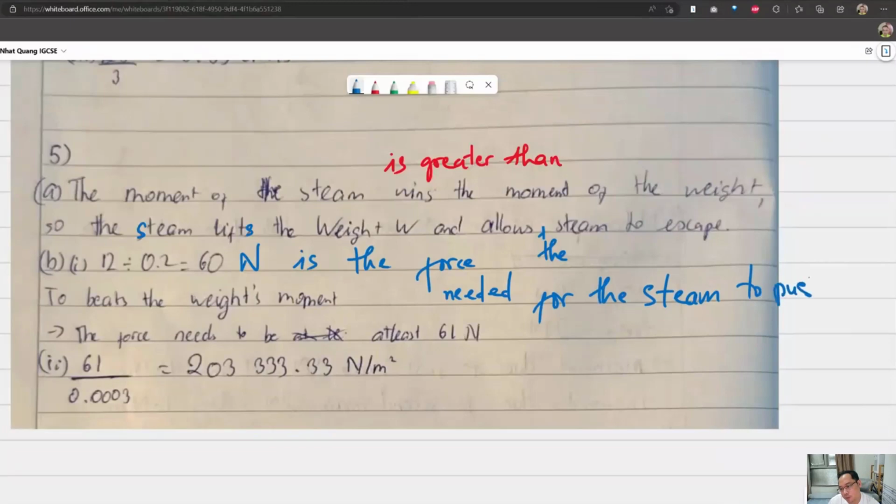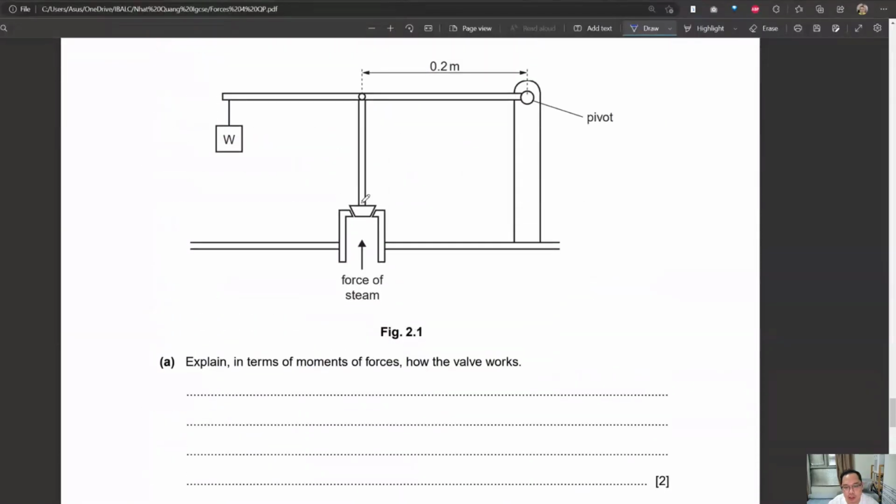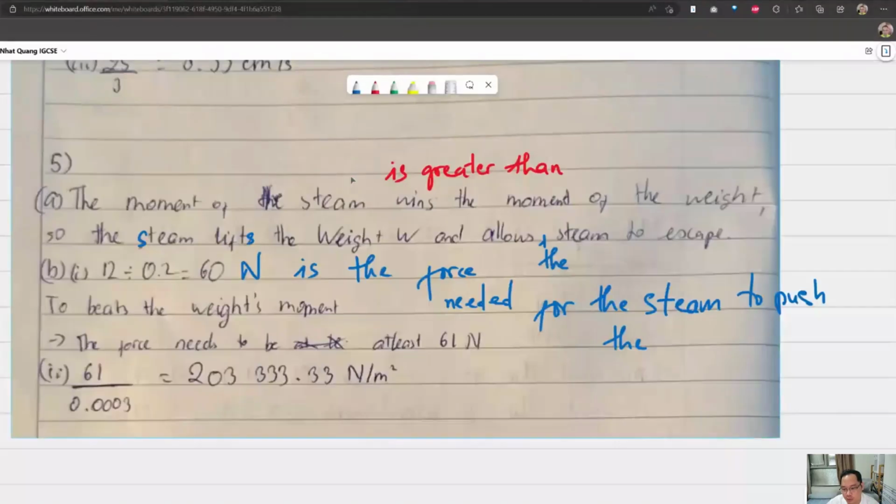To push the valve up. Okay, to beat the weight moment.